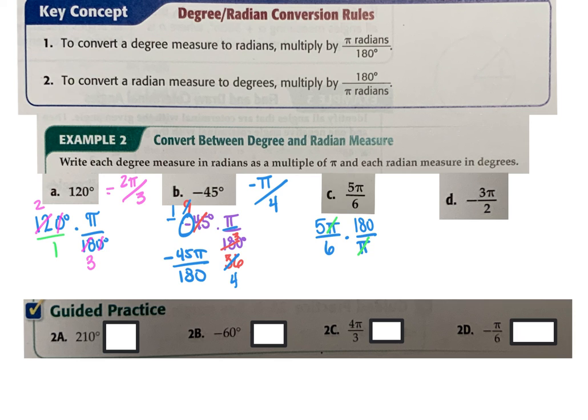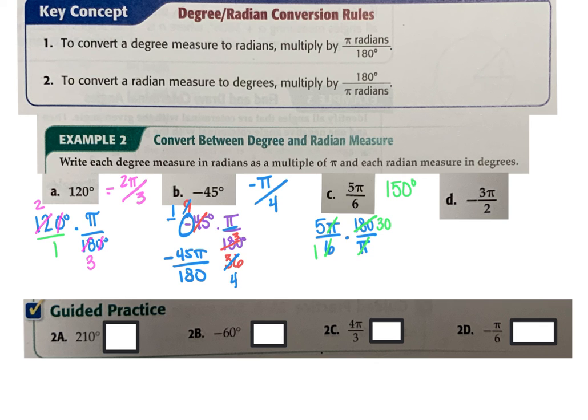My 5 cannot cancel with anything, but the 6 and the 180 can cancel, right? 6 divided by 6 is 1. 180 divided by 6, 6 goes into 18 3 times, so that's going to be 30. So now I have just 1 on the bottom, so nothing on the bottom really, right? And then 5 times 30, which is 150 degrees.